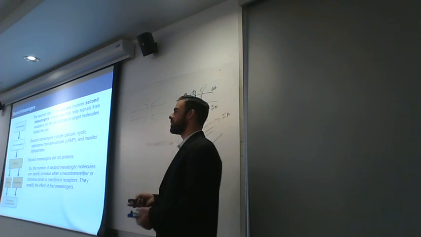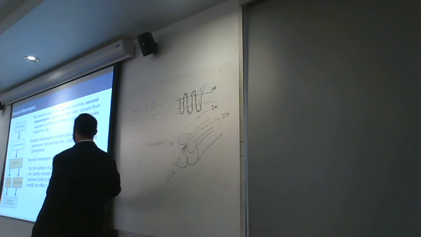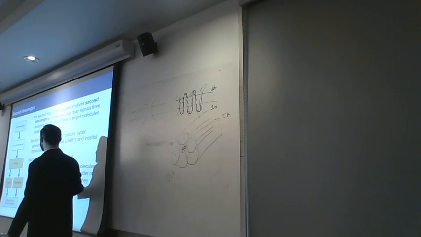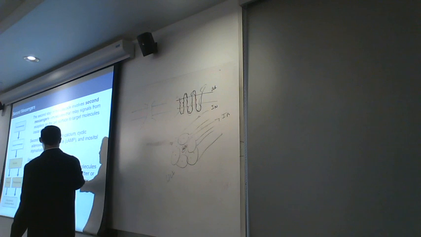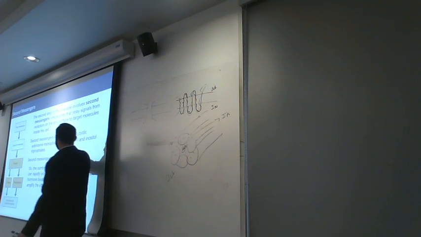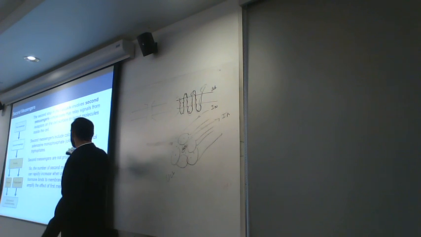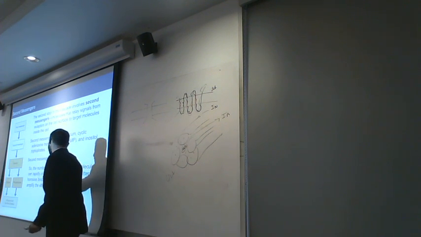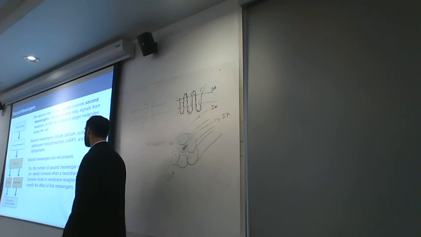So one of the big benefits of that is that it allows a system to amplify the effect of the first messenger. So the reason that it says here that these second messengers are not proteins, why does that mean that they can amplify the effect of the first messengers?